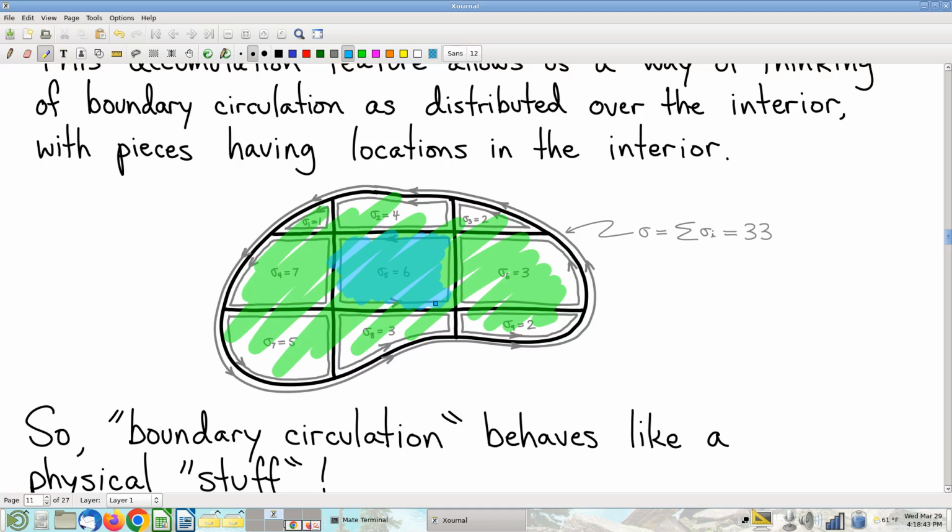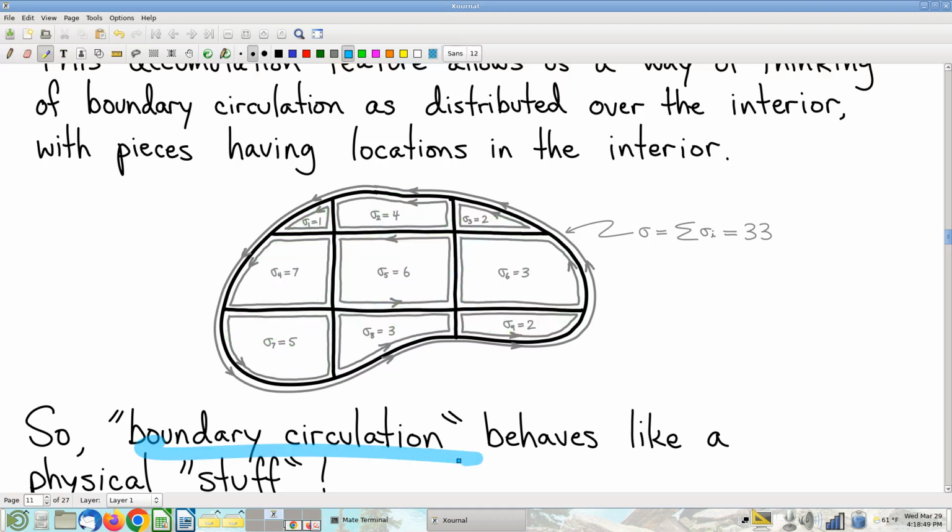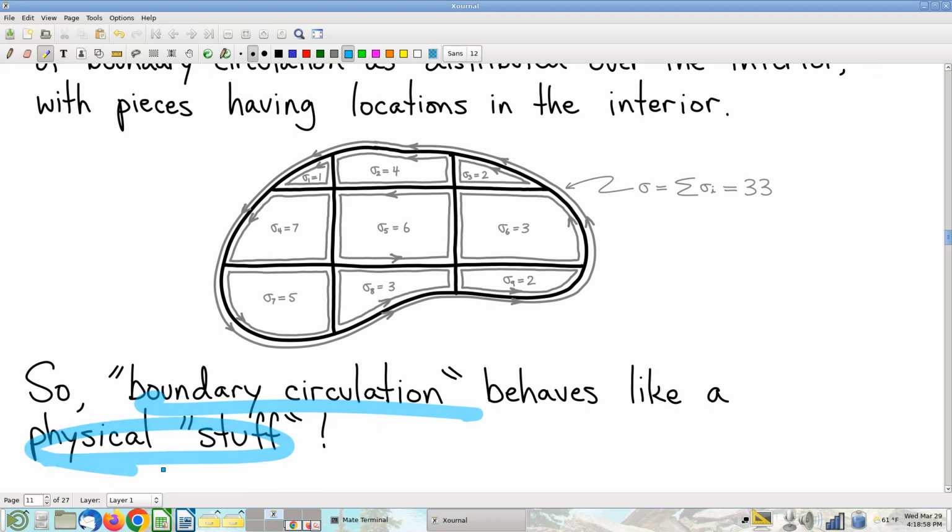Because it's an accumulating quantity, boundary circulation behaves just like mass does. It accumulates just like mass does. So I want to think of it as distributing across the area, like a kind of physical stuff, just like mass does. You don't have to think about it this way, but some valuable properties of boundary circulation are consequences of the fact that it behaves like this, so it's valuable to think of it like this, even if that seems weird.